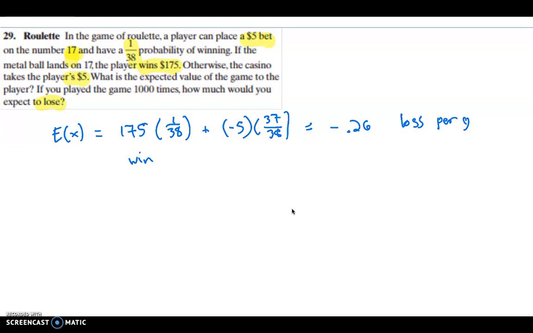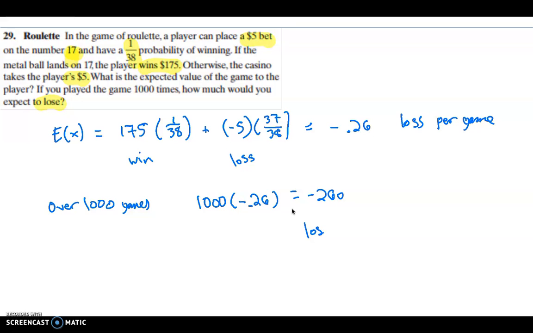loss per game. Now that does not mean that each game you're going to lose 26 cents. This just means over the long run, you're going to lose 26 cents per game that you play if you play this for a long time. So over 1,000 games, you are going to play 1,000 games with an expected loss of 26 cents per game, which is negative $260.